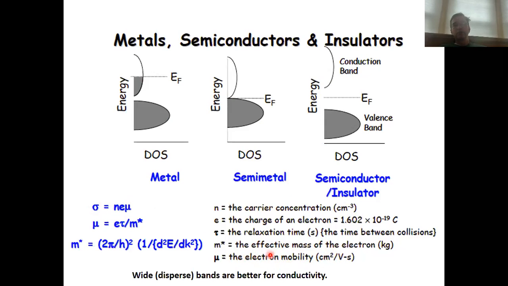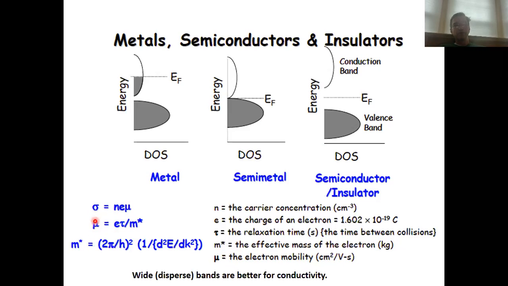Not each excited electron is equally mobile. There are differences between electrons in excited states.